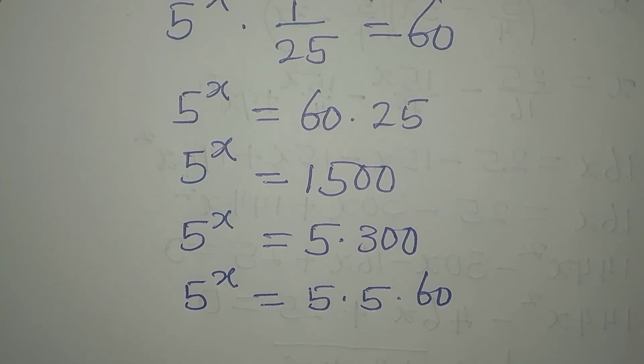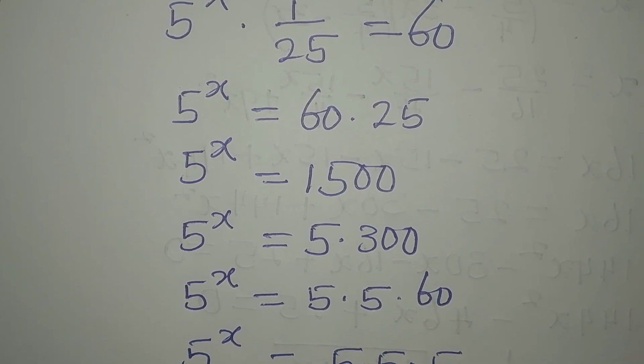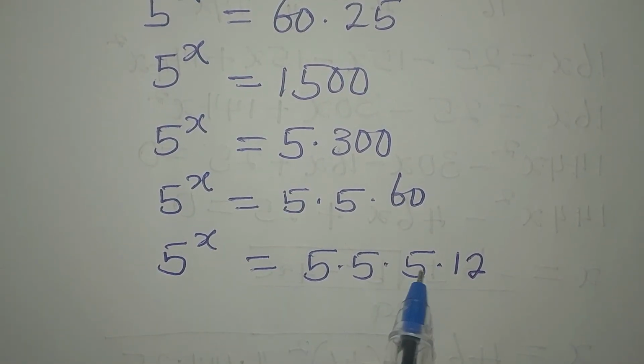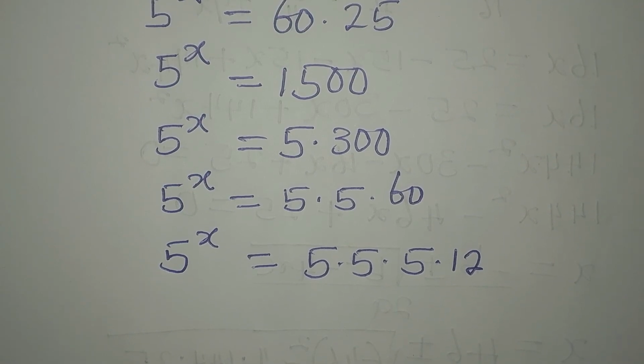Now we can still break it down and get 5 to the power of x to be equal to 5 times 5 times 5 times 12. If you press this, 5 times 5 times 5 times 12 will give us 1500, right?